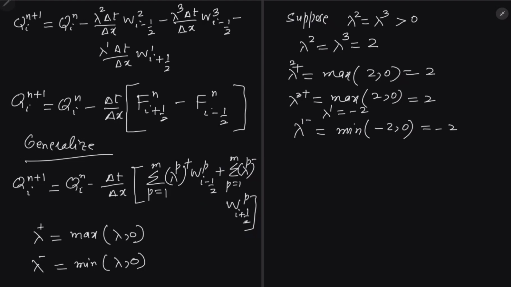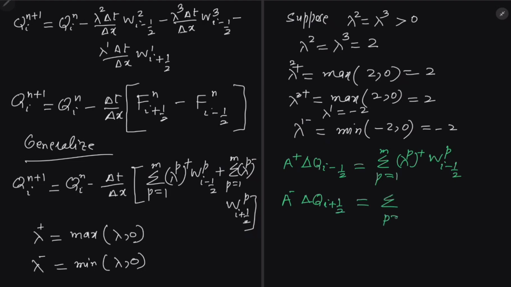We can also generalize this whole thing. For example, we can introduce A plus delta Q_{i-1/2}, which will be equal to the sum over p is 1 to m of lambda p positive W^p_{i-1/2}. Similarly, A negative delta Q_{i+1/2} will be the sum over p is 1 to m of lambda p negative W^p_{i+1/2}.